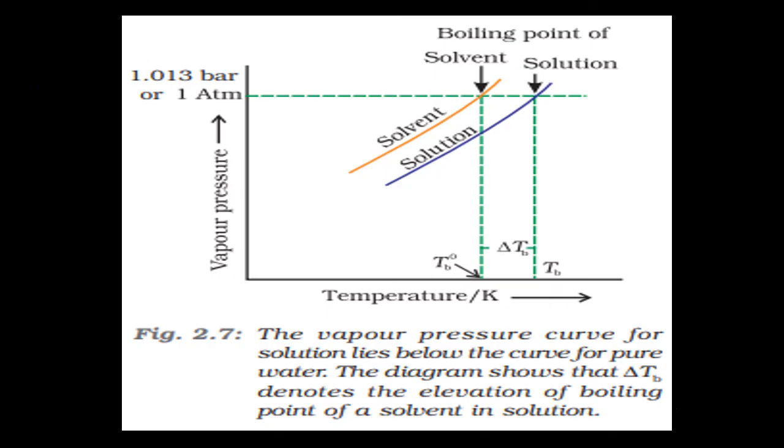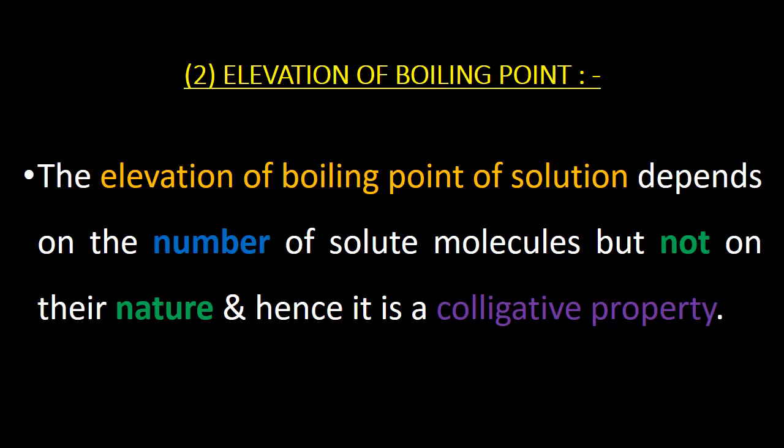In this graph, you can see that the boiling point of the solution is higher than that of the solvent. The elevation of boiling point of the solution depends on the number of solute molecules but not on their nature. Hence, elevation of boiling point is a colligative property.